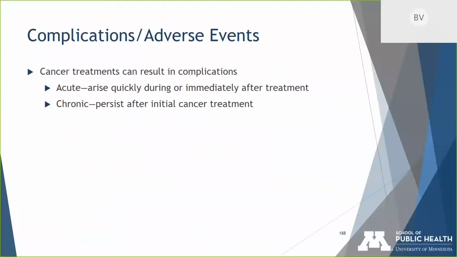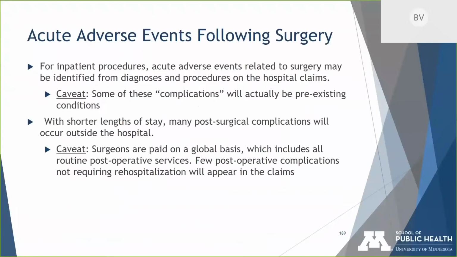Cancer treatments can result in complications, obviously. The acute ones will arise quickly during or immediately after treatment, and there can be chronic complications also that would persist after the initial cancer treatment. Acute adverse events, I'm going to talk about them specifically following surgery now. For inpatient procedures, they can be identified from diagnosis and procedure claims on the hospital claim itself.